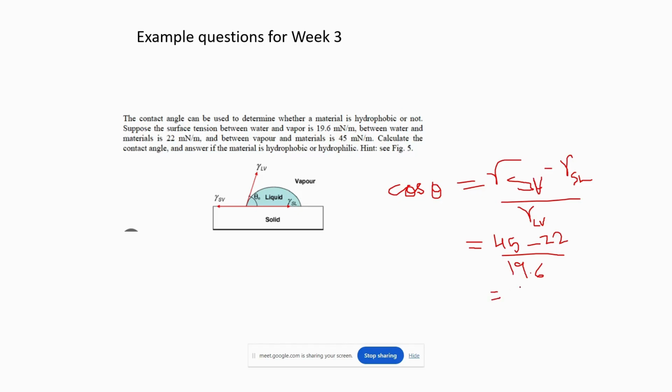So this will give around 1.17, which basically corresponds to theta of 0.